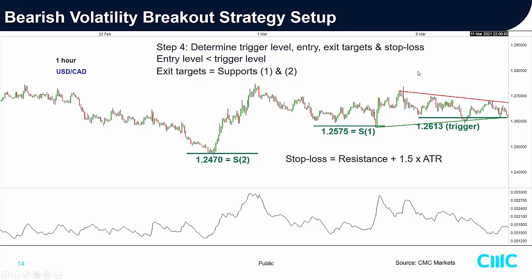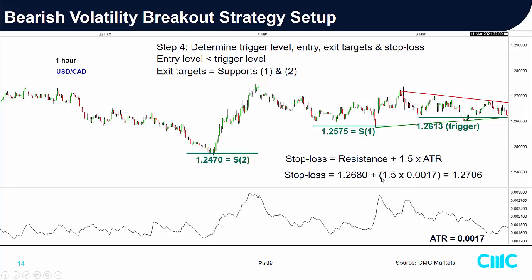By placing exactly at this red line, we are subjecting ourselves to whipsaw. So how do we know if this whipsaw is getting too extreme? Where we've got to get out is determined by looking at statistically the current ATR value, the average true range of the dollar cat on the 1 hour time frame, which is 0.0017. So we call it 17 pips. With 17 pips, the resistance over here is at 1.2680.